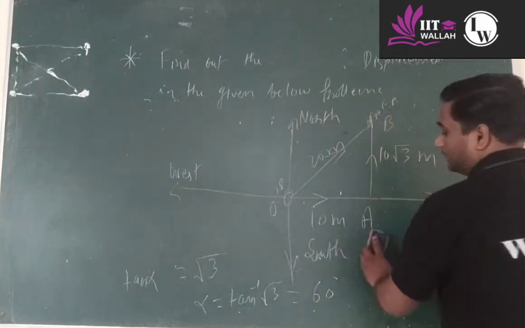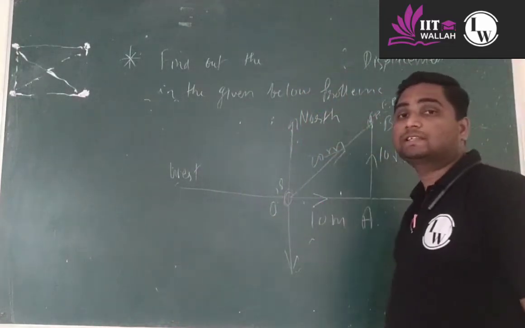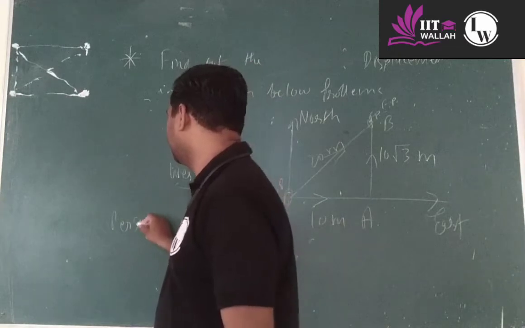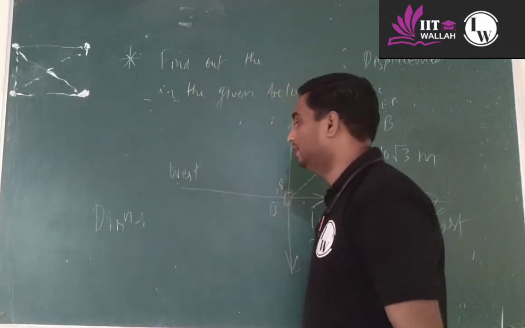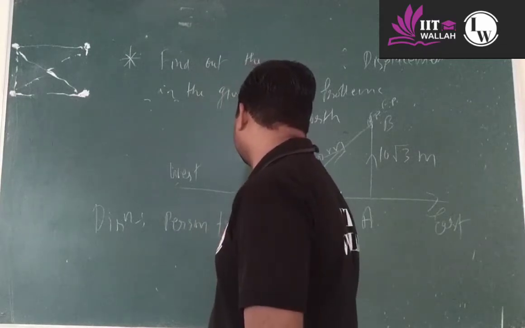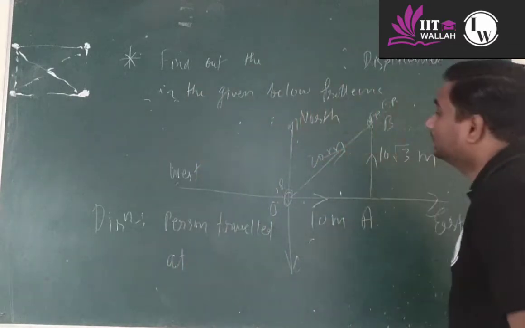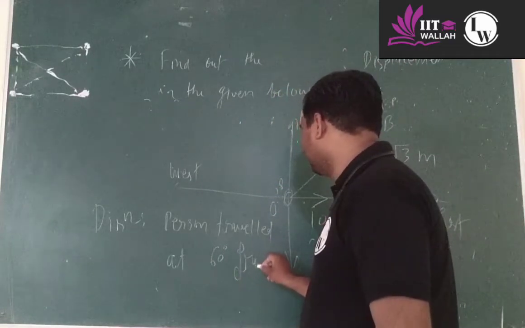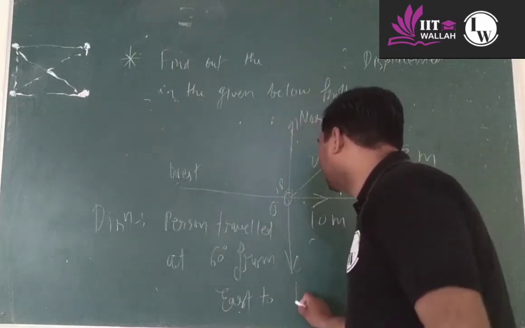Now you have to write how to indicate the direction of the person, in which direction the displacement occurs. You can write: person travels at 60 degree from east to north.